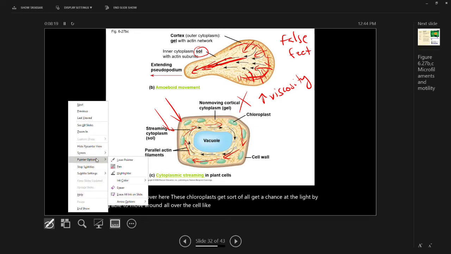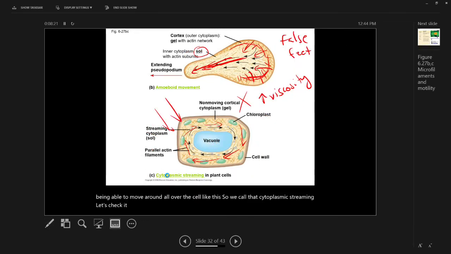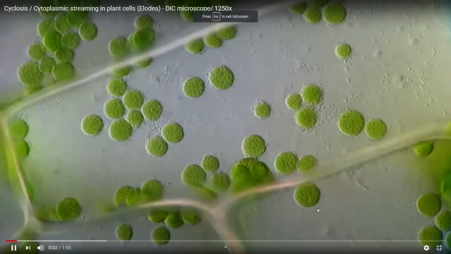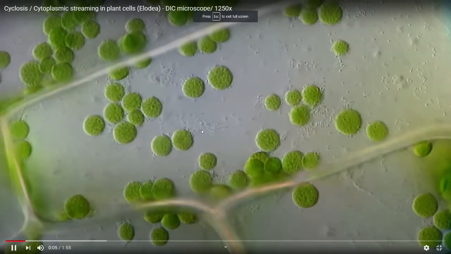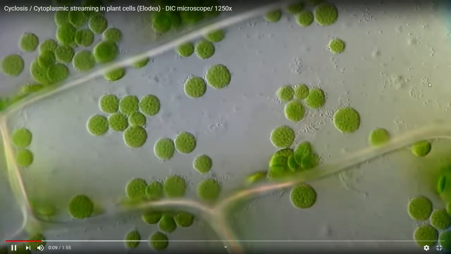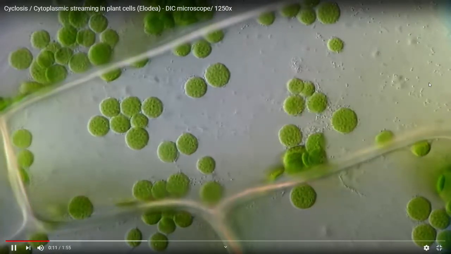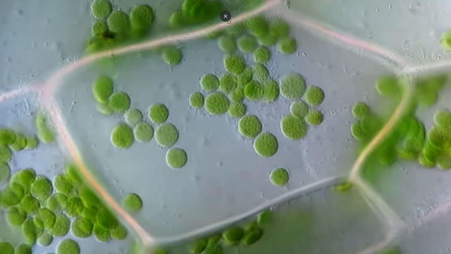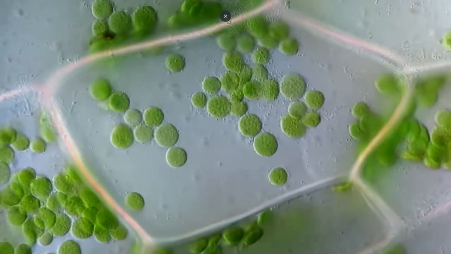Let's check it out. I think I have a video here. Let's see. Yes, I do. So this would be Elodea cells, which is a water plant, and the chloroplasts in here. This is magnified pretty highly, but the chloroplasts are moving around inside of the cytoplasm due to the action of these microfilaments. You cannot see the microfilaments on this. They're much too small to see.